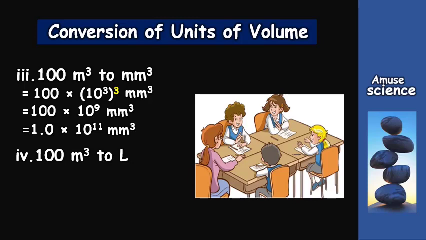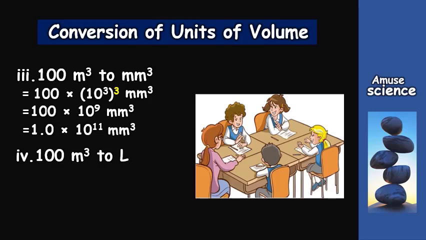Now we have to pause here and go back to the relationship between centimeter cube and liter. Here we don't have a direct prefix to use. And so since the liter is more related with the cubic centimeter, let us first of all change the 100 cubic meter to centimeter cube, which we have already done.